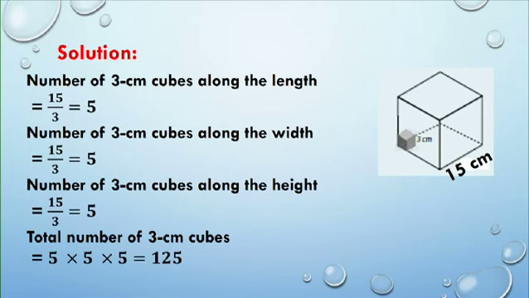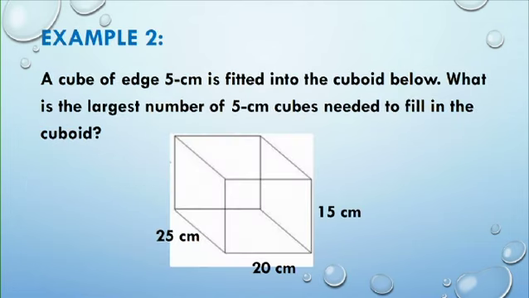A second example. Now, a cube of edge 5 centimeters is fitted into the cuboid below. So my cuboid has dimensions 25 centimeters, 20 centimeters, and 15 centimeters.